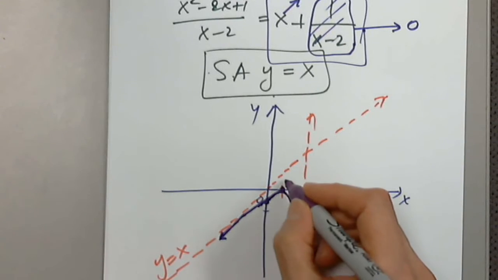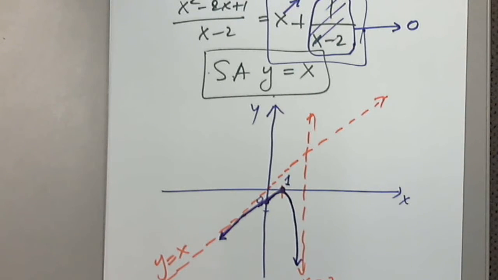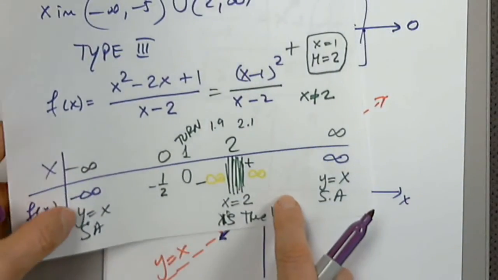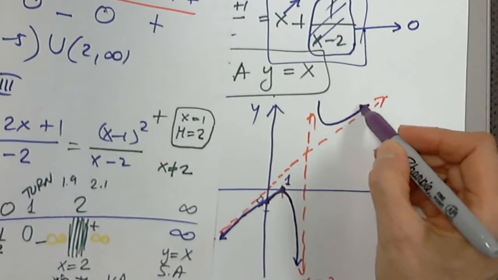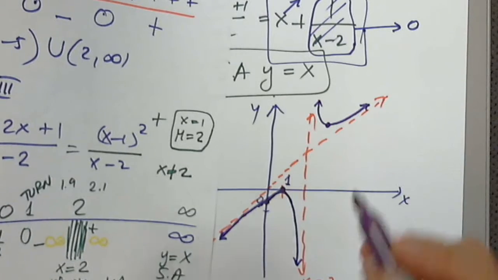In this problem, I don't have to find the local maximum. I know what it is, 1, 0. Now on this side, positive infinity to positive infinity, obviously it has to be something like this, and here there is a local minimum.